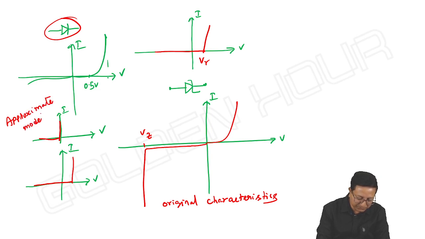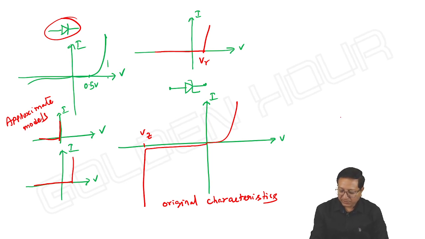What are the approximate models for a Zener diode?